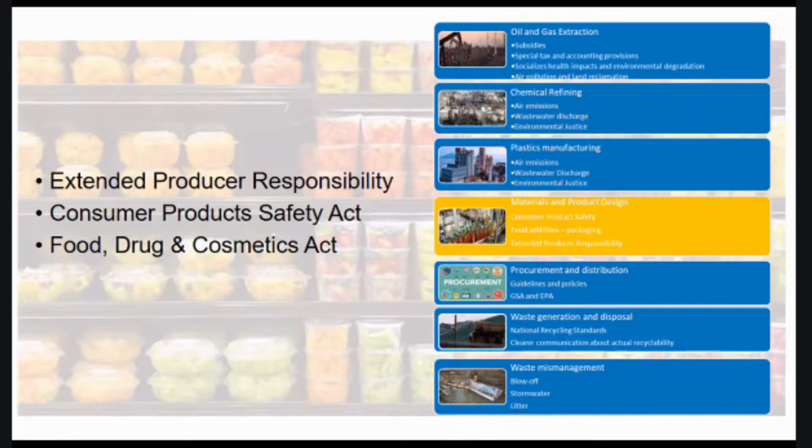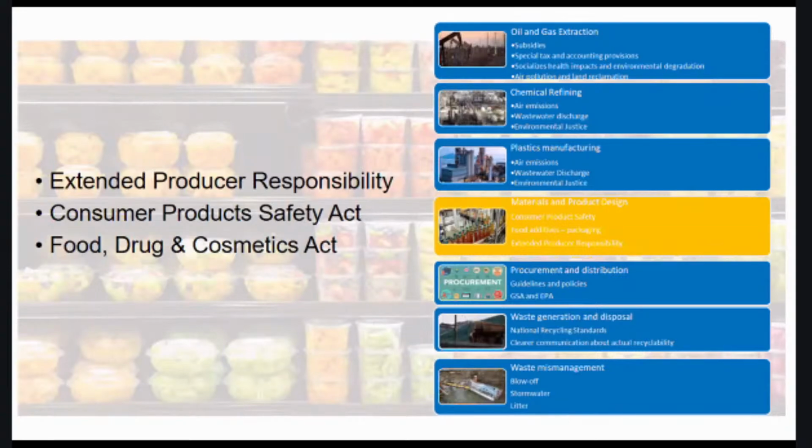If we look at materials and product design, we can think more about good extended producer responsibility programs that, again, place that burden on the manufacturers of their products so that they really think about the full life cycle and the costs that are being imposed on society from their deployment and their convenience.